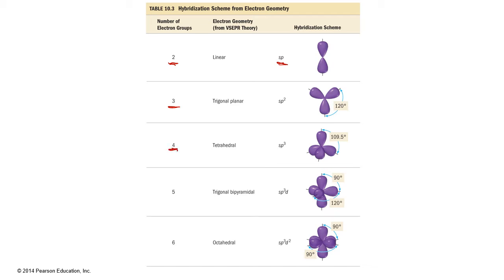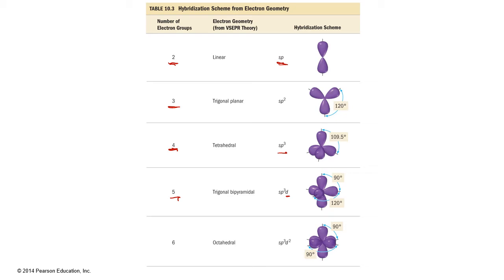We have 4 electron groups. We need 4 orbitals, 1s and 3 p's to give us sp3 hybridization. This is a tetrahedral electron geometry with 109.5 degree bond angle. 5 electron groups is trigonal bipyramidal. Now we have to start adding d's into the hybridization because we have 5 electron groups.